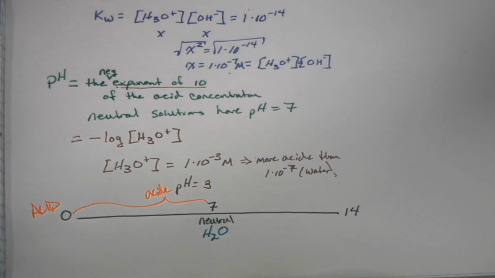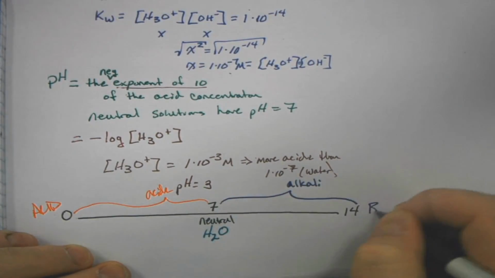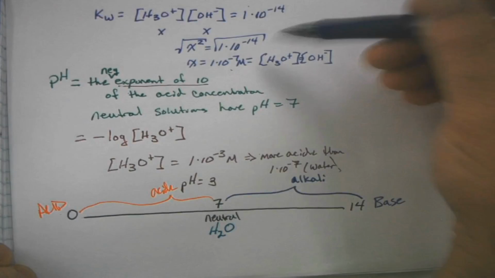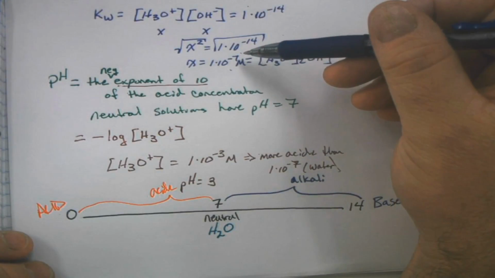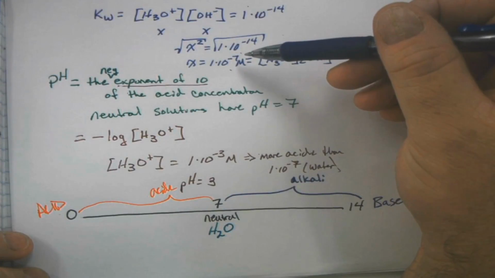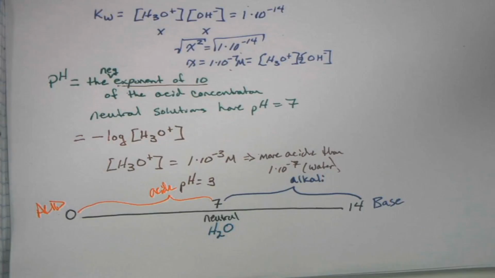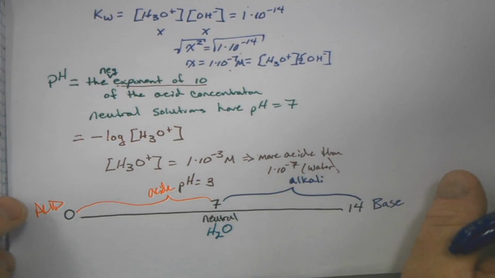And everything to the other side is going to be alkali. So if you have a pH greater than 7, that means this exponent is now less than negative 7, like negative 8, negative 9, negative 10, which means you have much smaller values of hydronium, which means you have greater values of OH. Oh, we need to talk about that.